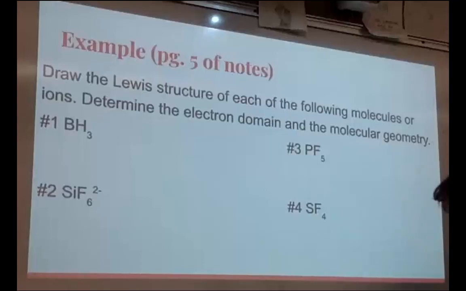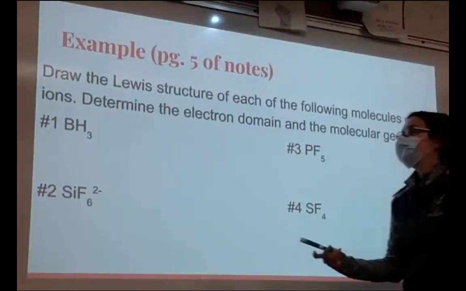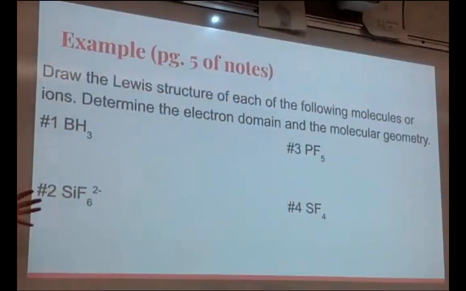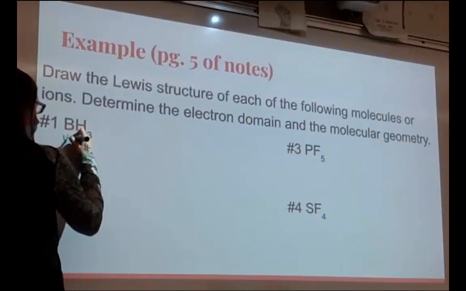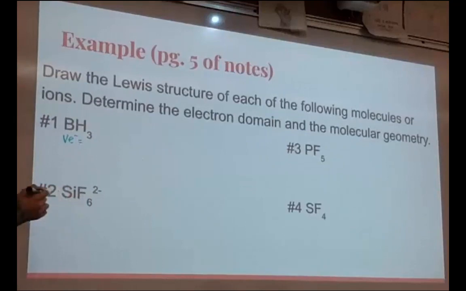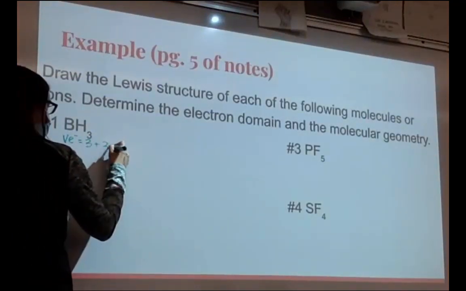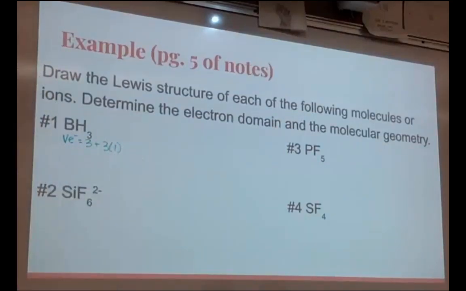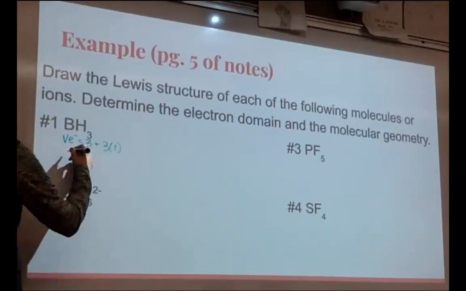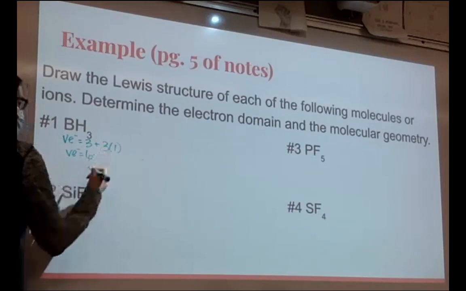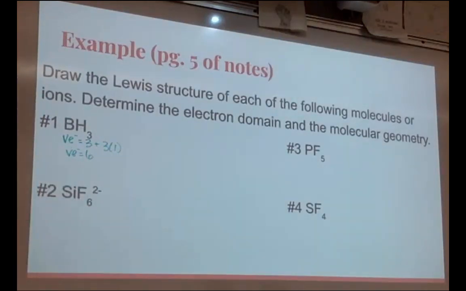So, for number 1, again, we go through the exact same process that we have been with Lewis structures. We count the valence electrons. Boron has 3, and each hydrogen has 1, so we will have 6 valence electrons.